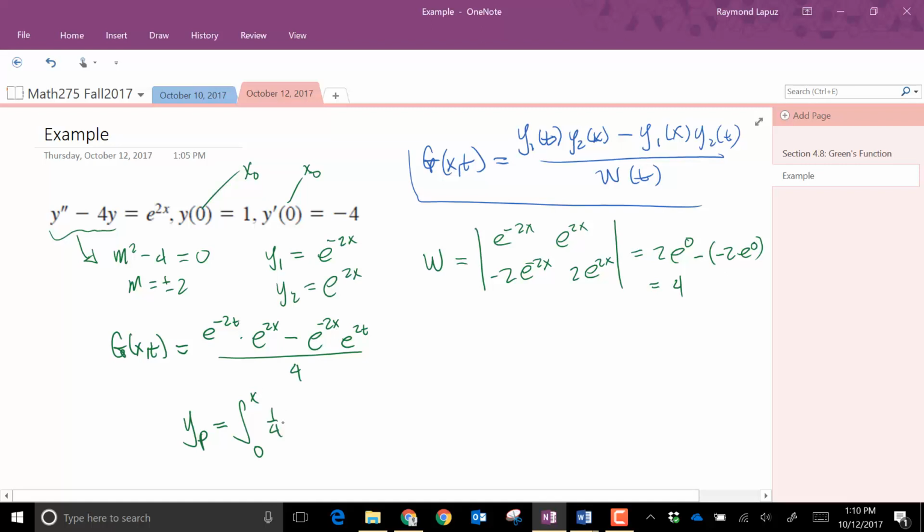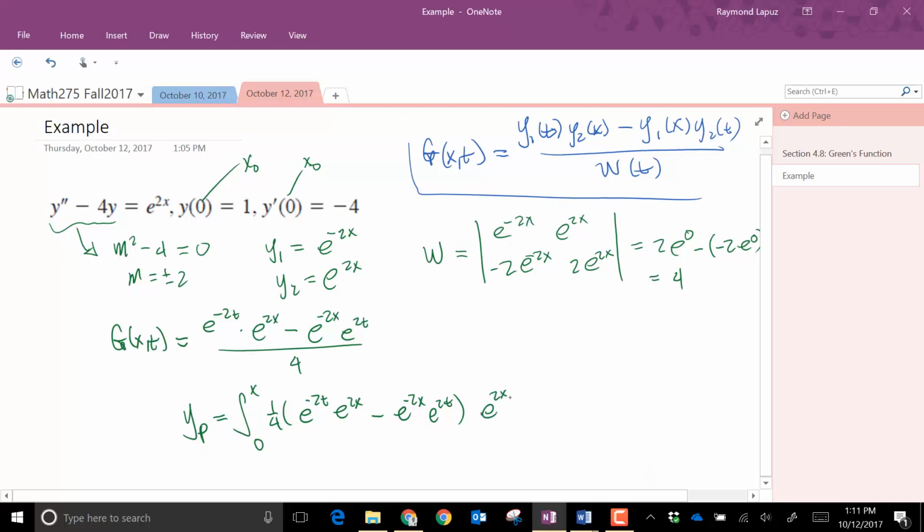We got 1/4 times, now you can decide to put this together or keep it apart if you want, doesn't matter, e to the minus 2t, e to the 2x, minus e to the negative 2x, e to the 2t. Times the function. We also have to multiply this by the function, e to the 2x. Oh, the function in terms of t, yes.